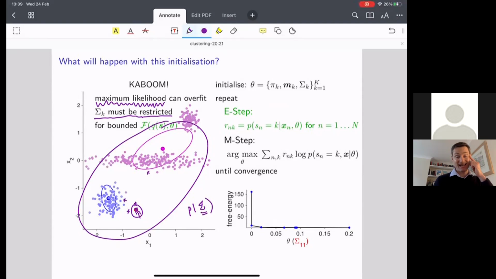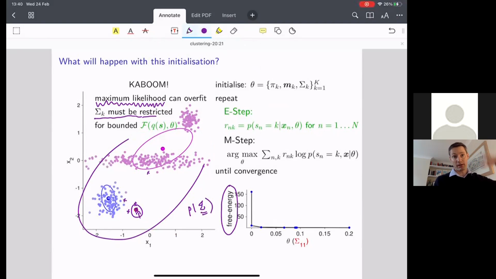That's actually needed technically to stop the free energy from blowing up. So we said in general, a system had a Lyapunov function and was guaranteed to converge if you could identify a function that was positive and bounded. In this case, the free energy is not bounded in the general case, where the variances can shrink to 0. That's easy to see, because the log density in this case is going to infinity.